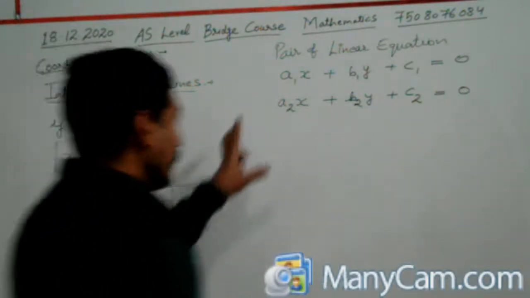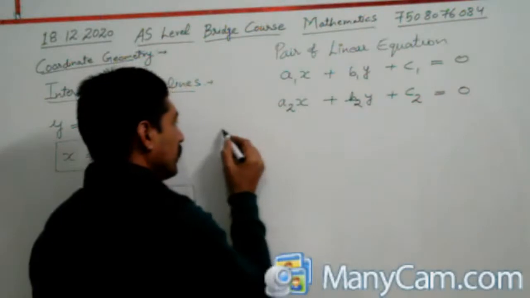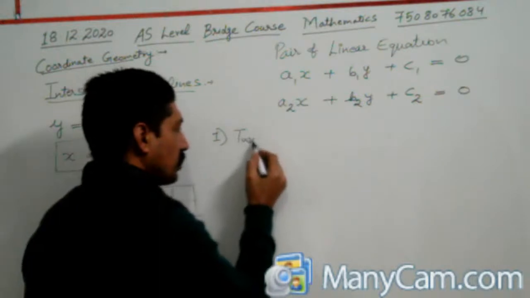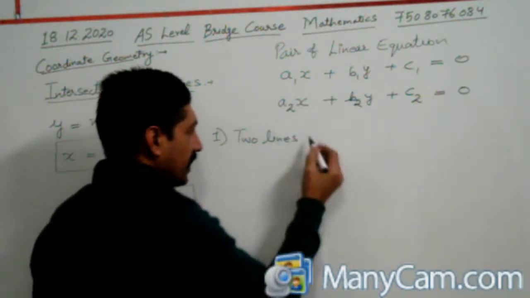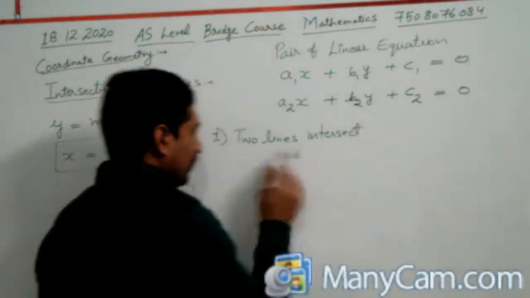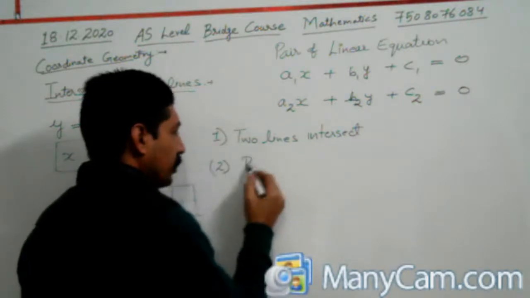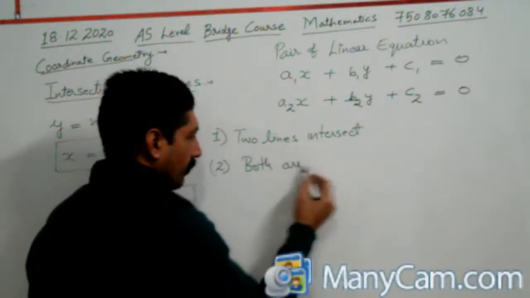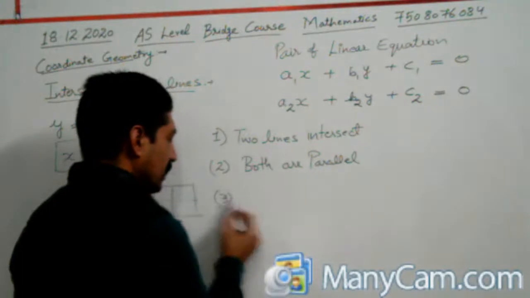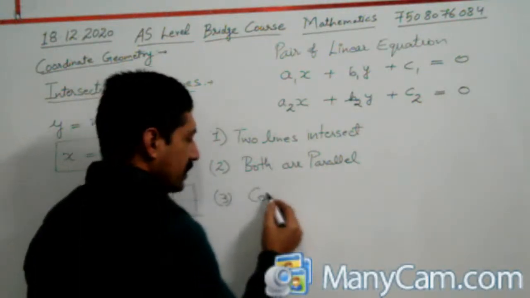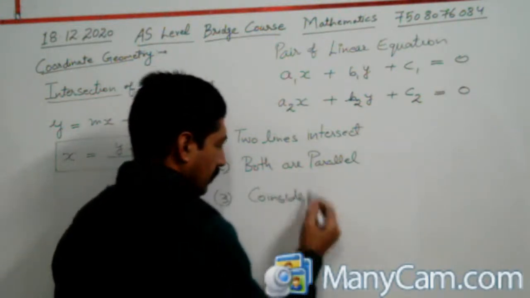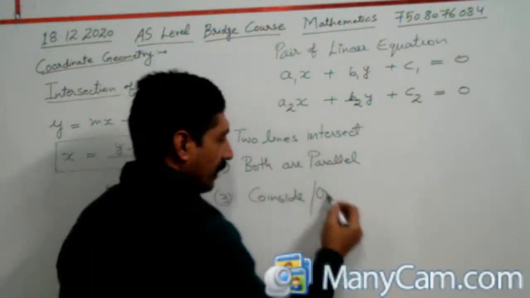So here also we have three kinds of situations. First, the two lines intersect each other. Second, both lines are parallel to each other. And the third one is that the lines coincide, or we can say overlap one another.